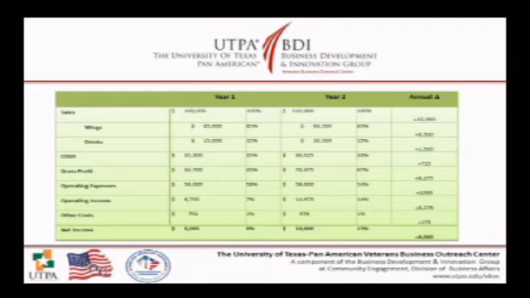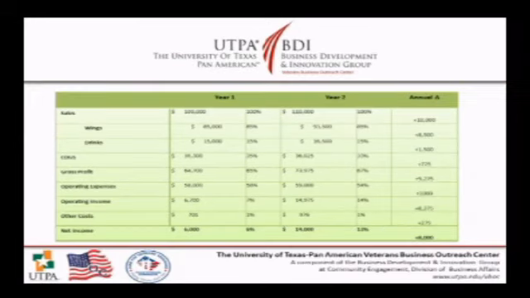And you can see that they compare year 1 to year 2. And at the far right, it shows the percentage of change. Well, actually, it shows the dollar change. So you can see from year 1 to year 2, he made an extra $8,000.